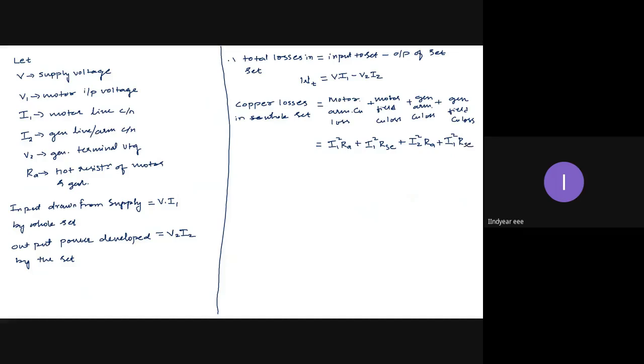So I can write this as I1 square RA plus I2 square RA plus 2 I1 square RSC.